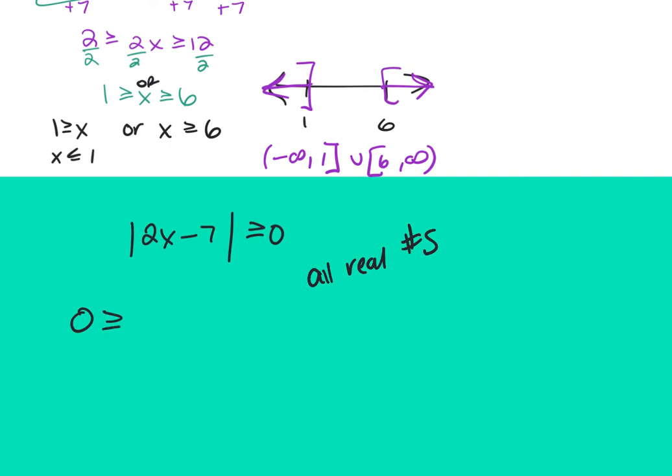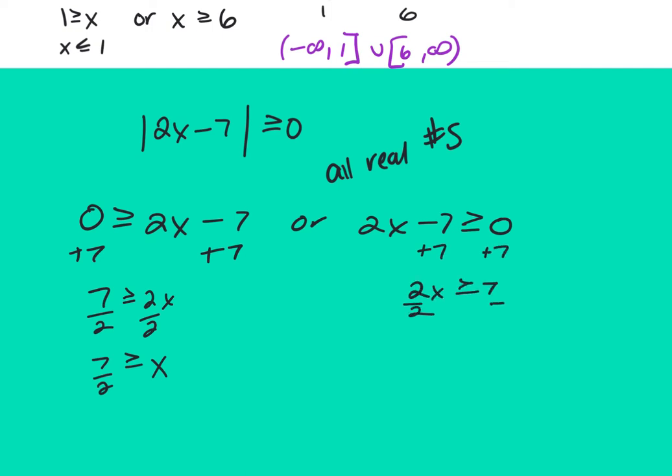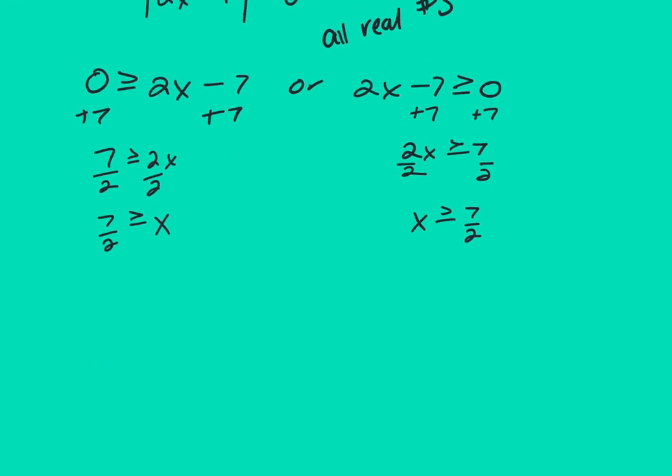It would be 0 is greater than or equal to 2x minus 7, or 2x minus 7 is greater than or equal to 0. I would go through the motions of solving it. Add the 7. And this would be at 7/2.